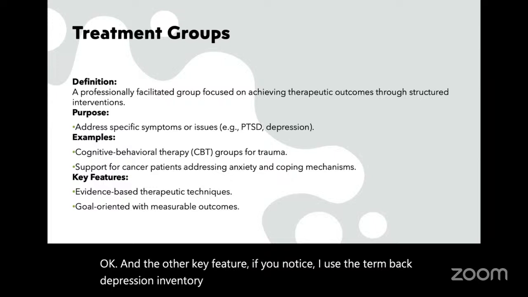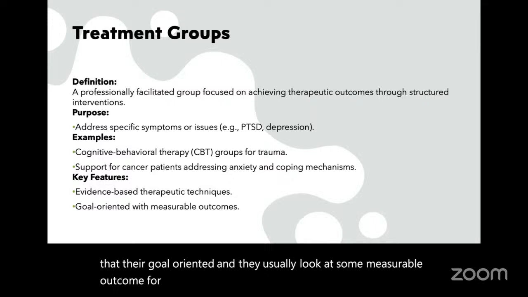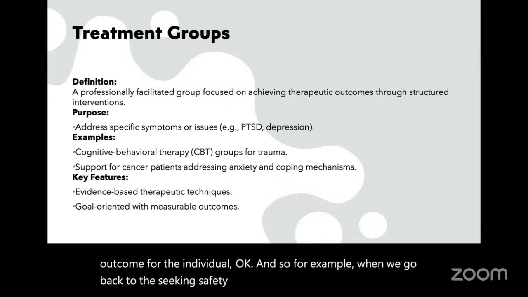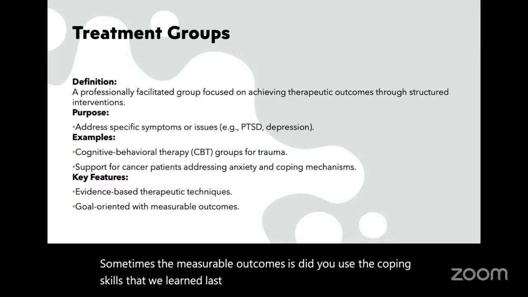The other aspect of a treatment group is that they're goal-oriented, and they usually look at some measurable outcome for the individual, okay? And so, for example, when we go back to the seeking safety group, sometimes the measurable outcome is, did you use the coping skills that we learned last week in group?